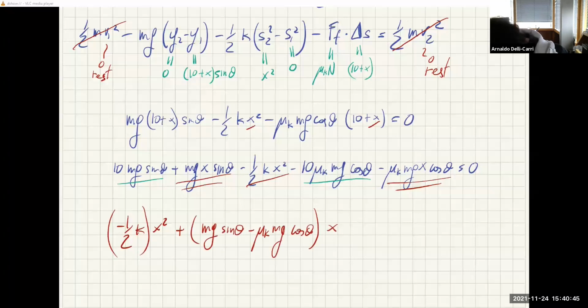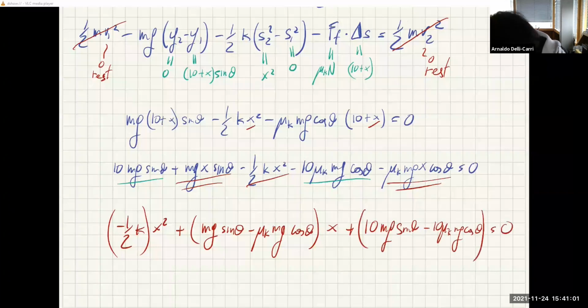And the last one is plus 10 mg sine theta minus 10 mu k mg cosine theta equals 0.